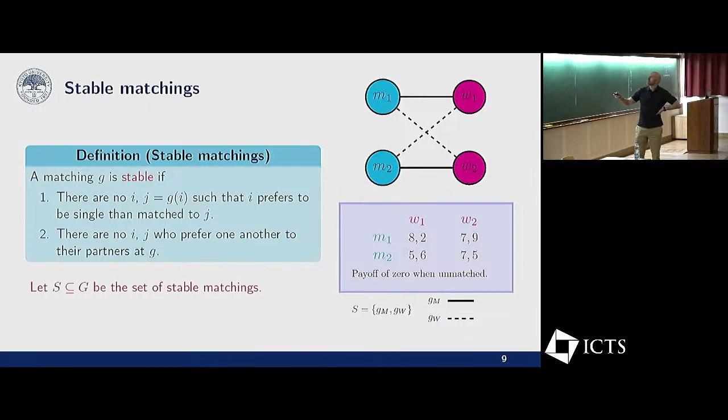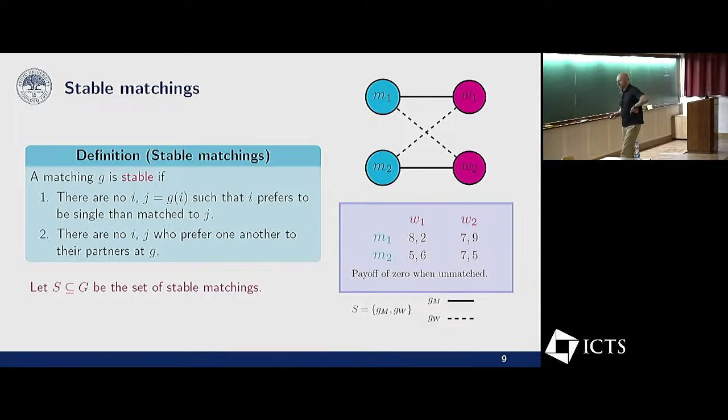Does anybody want to get together with anyone else? Well, M1 is currently with his favorite partner, so he's clearly not going to leave. Can W1 leave and get together with M2? She'd like to, right? However, M2 is not willing to run off with W1 because he currently prefers his current partner, W2, to W1. And you can check that for this matching as well, that matching as well.